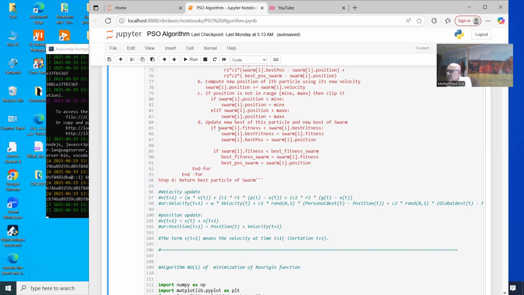And of course, we have consequently to update the fitness of each particle and the fitness of the whole swarm.